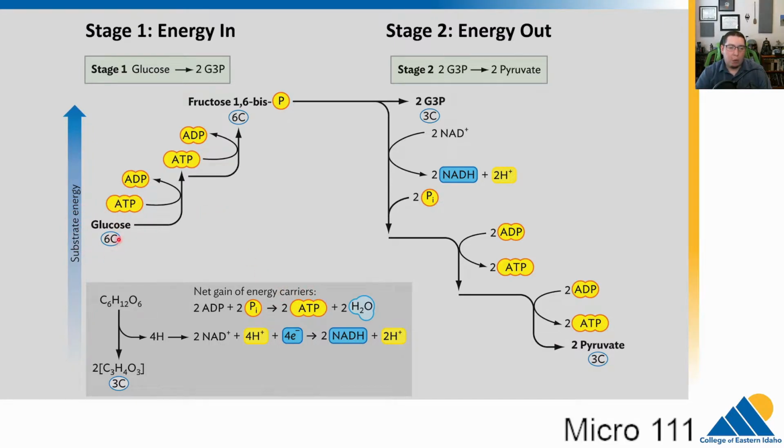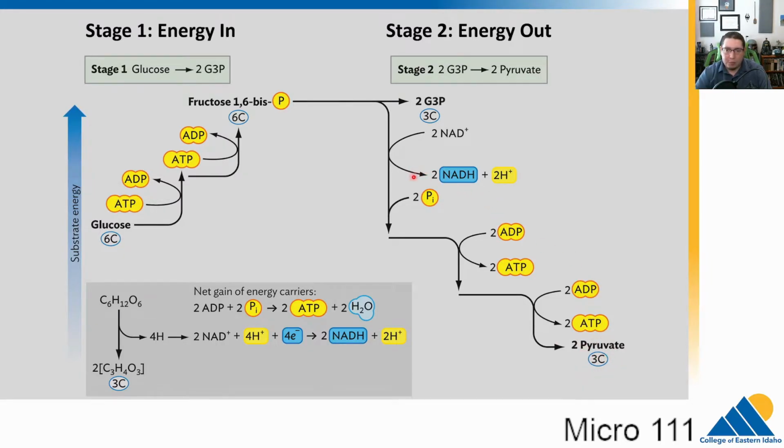To do this, we start with our glucose, and on the y-axis here is kind of the energy state. Glucose is at this energy state. You can see we're actually going to spend some energy using 2 ATP to bring it up to a higher energy state. And then it's going to come crashing down to a much lower energy state, and we're going to end up with 2 3-carbon pyruvates.